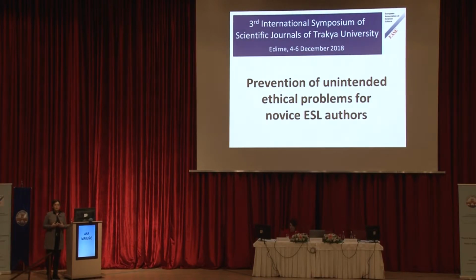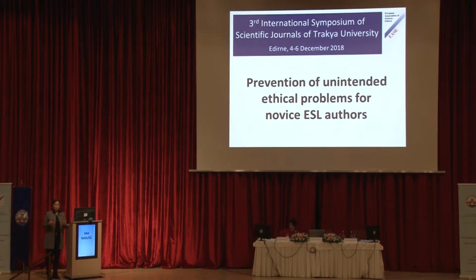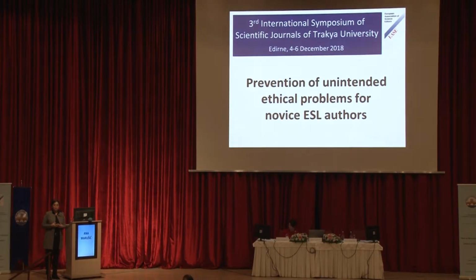So many things are required from you. We do not have time to go into all the details, but I'm going to talk about what is called publication integrity, or research integrity in general. This is a buzzword used by many granting agencies in the European Union, and Turkey is a part of Horizon 2020, which is a research framework for Europe, and there are grants and grantees from Turkey.